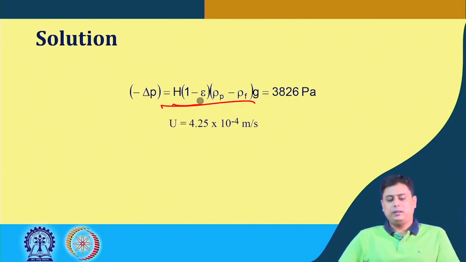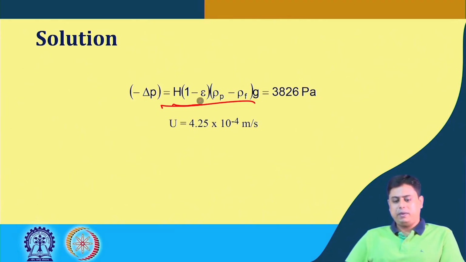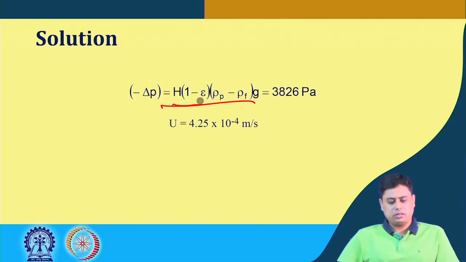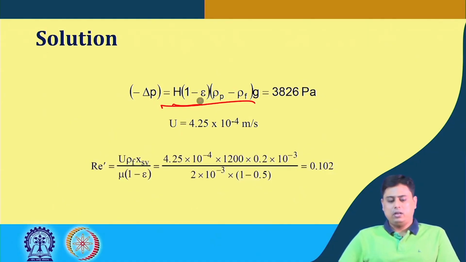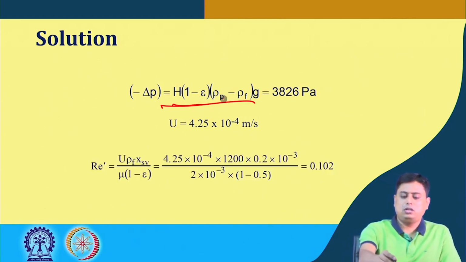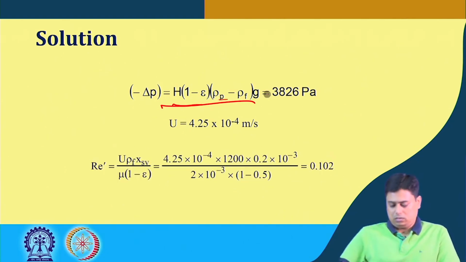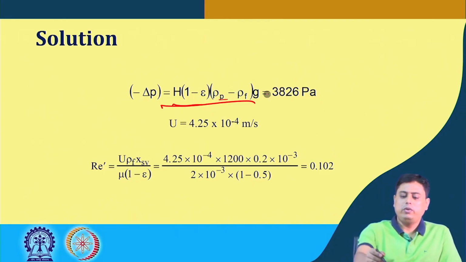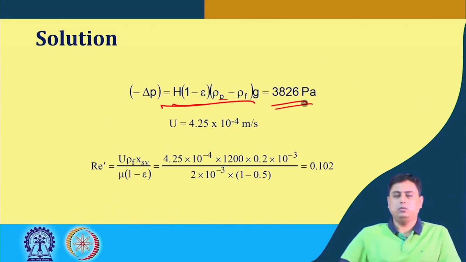Now here, okay, so if we now replace these expressions, that means we have h, epsilon, rho p, rho f, g, okay, we find this is the value that we get. This is the critical point of the pressure drop.